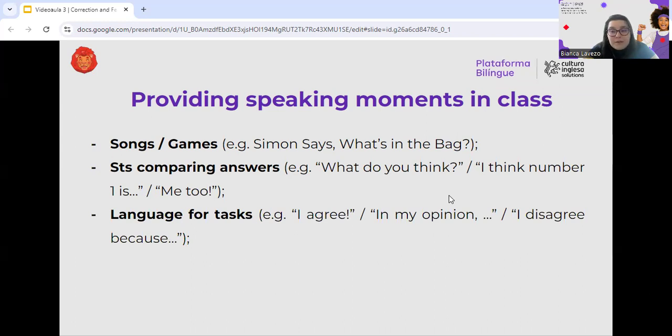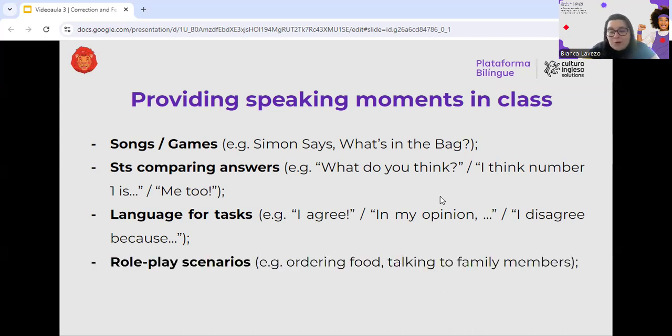When they have to give their opinions or talk about a task that they have, they might also use this type of language, even if they're using Portuguese first, but this part they can use English, right? They can role play scenarios, like talking to a friend who's moved away, or ordering food, talking to parents, things like that.